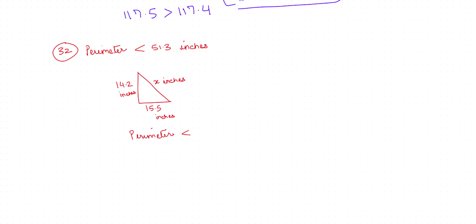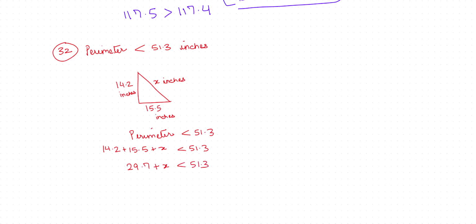The perimeter here is the sum of all sides, so it is 14.2 plus 15.5 plus x, and it is less than 51.3. This gives us 29.7 plus x, which is less than 51.3. It's always a good idea to first solve one side.